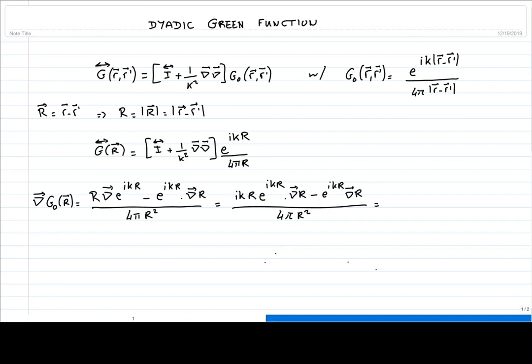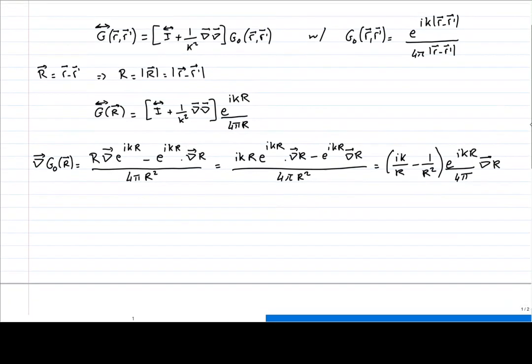We can factor out the exponential and the gradient of r with a 4 pi, and we're left with ik over r minus 1 over r squared, times the exponential ikr over 4 pi, gradient of r. So this is what we obtain when taking the gradient of the scalar green function.